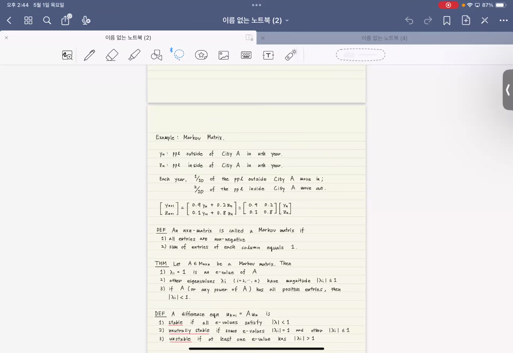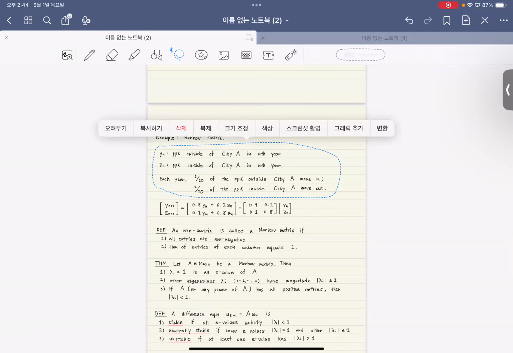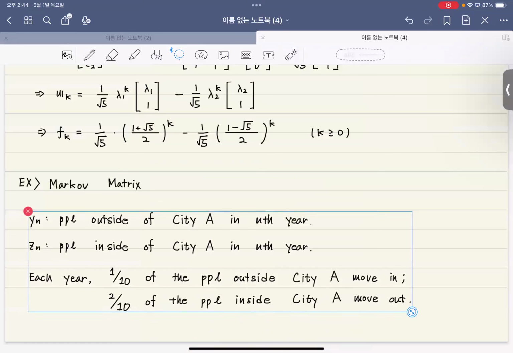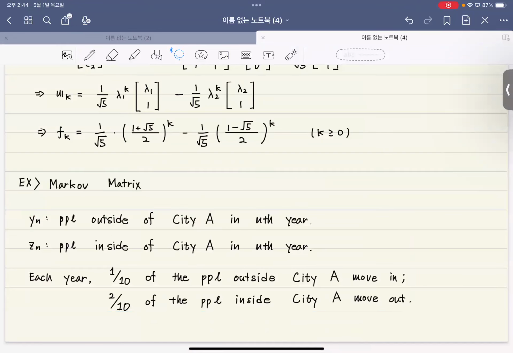Such a problem arises very often in stochastic processes. Let us consider this hypothetical scenario.